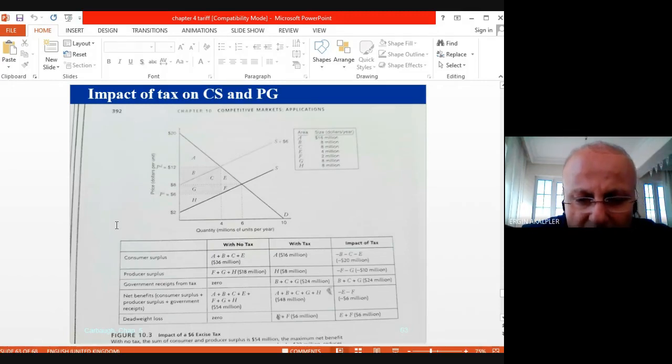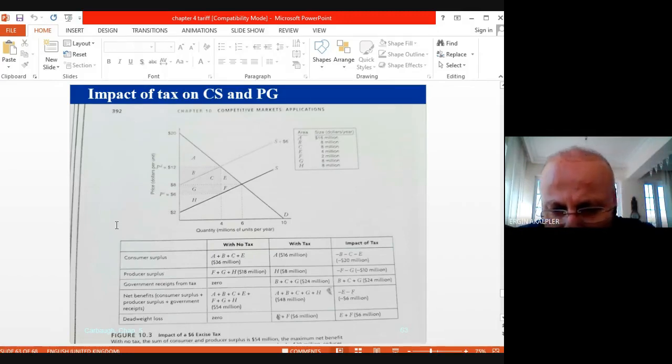After tax, it is B, C, G, as I mentioned to you, and the impact B, C, G is again 24, and the impact of the tax is supposed to be minus B minus C minus E, because it is reduced and gone, and producer surplus minus F minus C, because it reduces the producer surplus, it goes somewhere else, is calculated as 10, and government receipt from tax is estimated as 24, and net benefit is supposed to be 48 with tax.